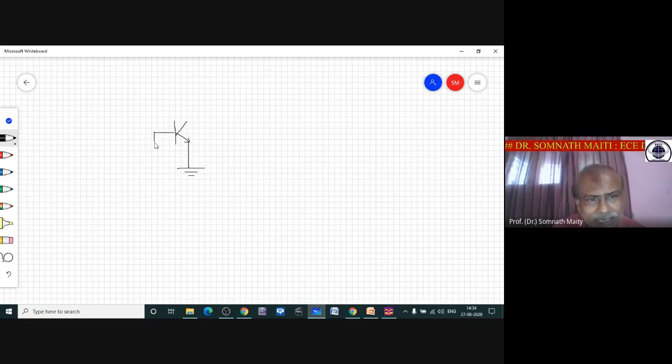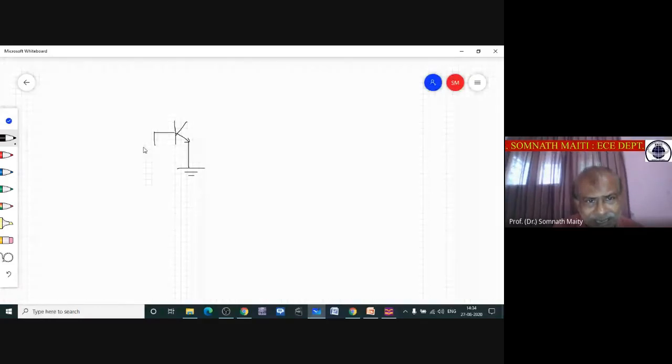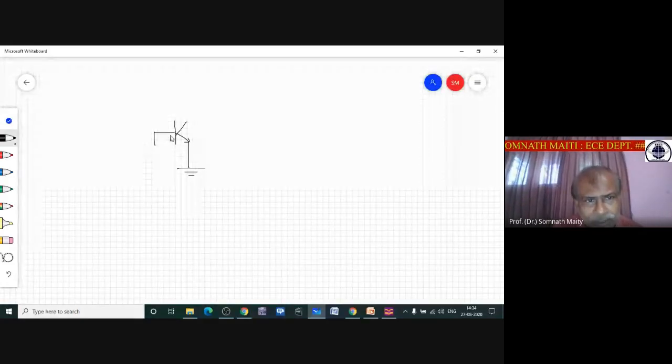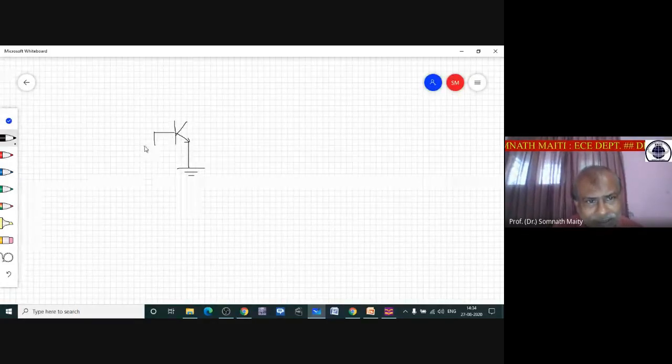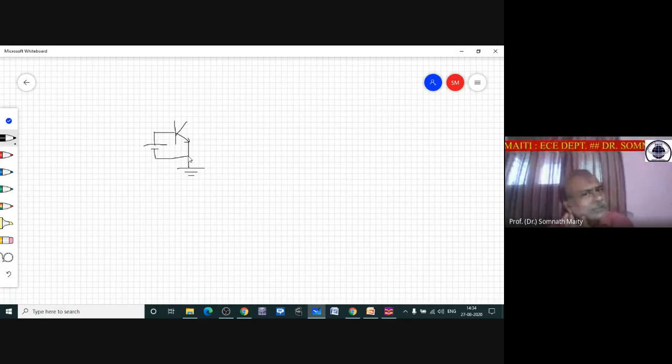Base to emitter junction should be forward bias. So base is P type in NPN. So the positive side of the battery should be connected to this and negative should be connected to emitter. And you know the collector junction should be reverse bias.